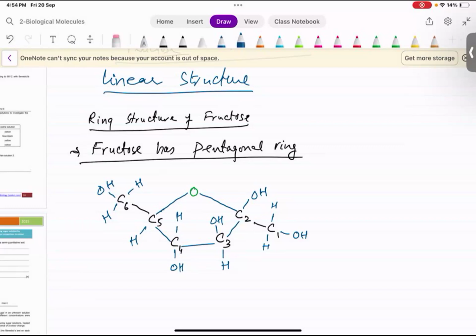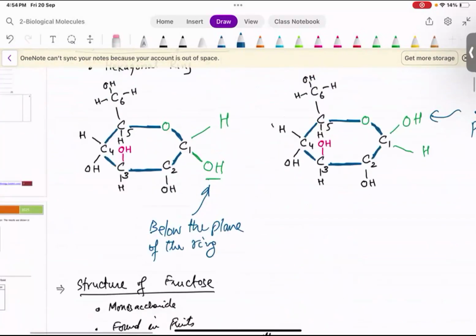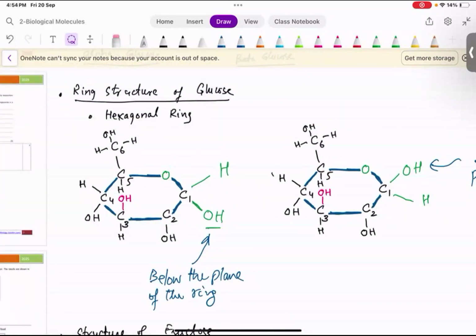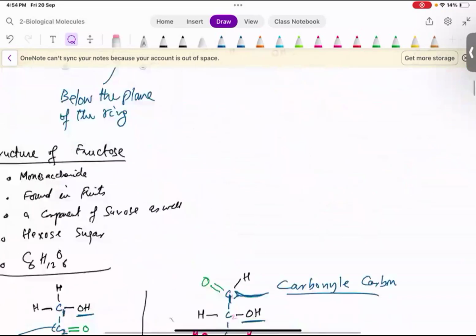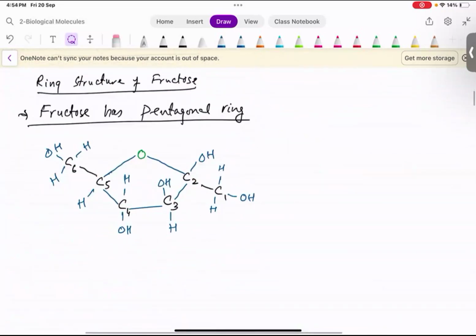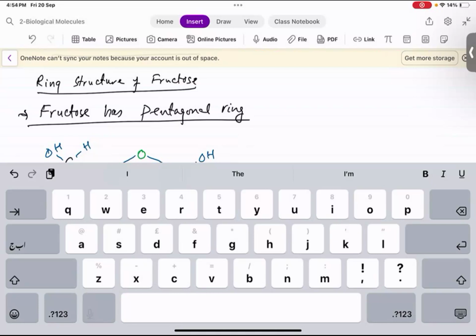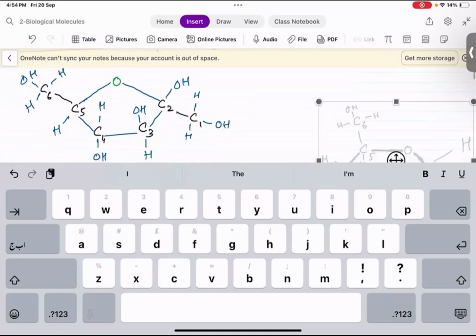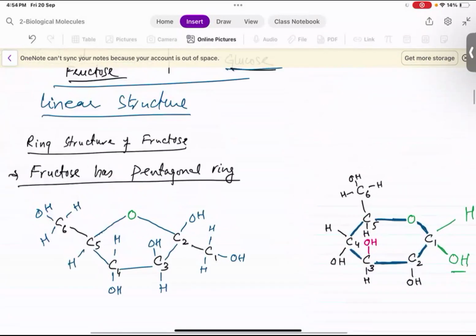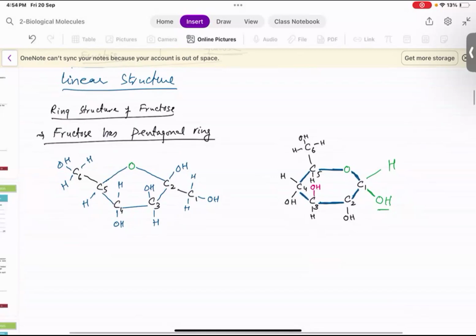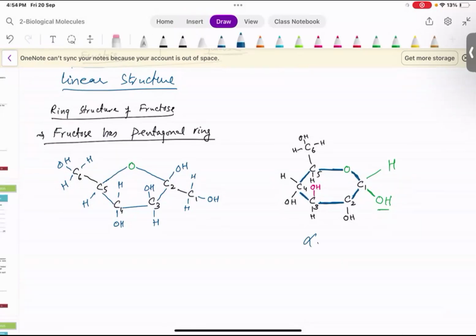Is it okay? But if we compare it with an alpha glucose, let's see, if this is, for example, an alpha glucose, and we compare it with fructose. So this is an alpha glucose and this is fructose.